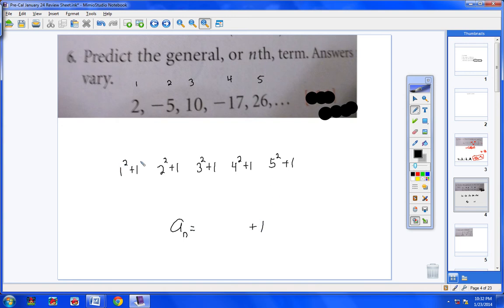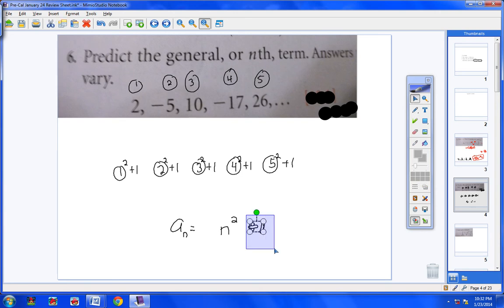Also, notice how all of these terms have an exponent of 2. Now, notice the first term has a 1, the second term has a 2, the third term has a 3, the fourth term has a 4, and the fifth term has a 5. So all of these bases match the term number. So I can just put n squared plus 1.